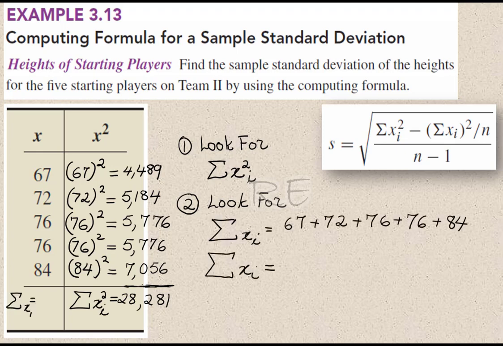Number 2, we're going to look for the square of the sum. First, we're going to look for the sum, and the sum of all the scores is equal to 375. Now, the square of the sum will be 375 squared.